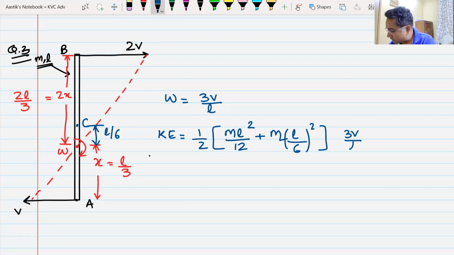Omega is 3v by L, whole square. So solve this. You should get the kinetic energy of this rod. Everyone understand this? Yes or no?